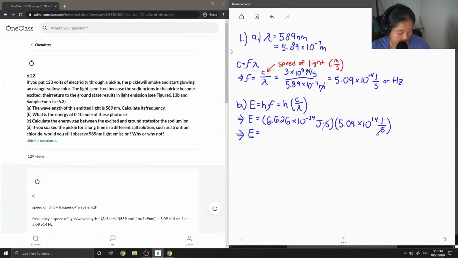And then we are left with an energy value of 20,323 joules. Or we can convert this to kilojoules just to make it a little clearer, 20.3 kilojoules. And then this is per photon.